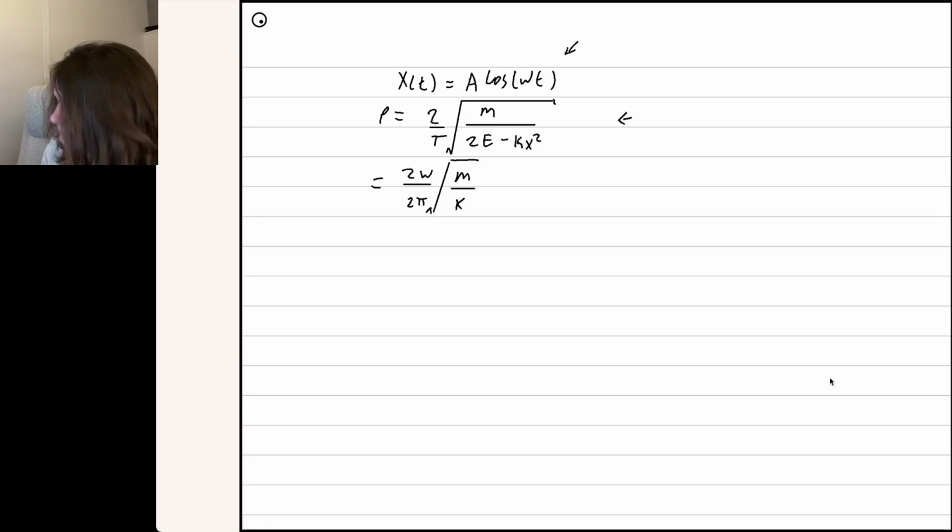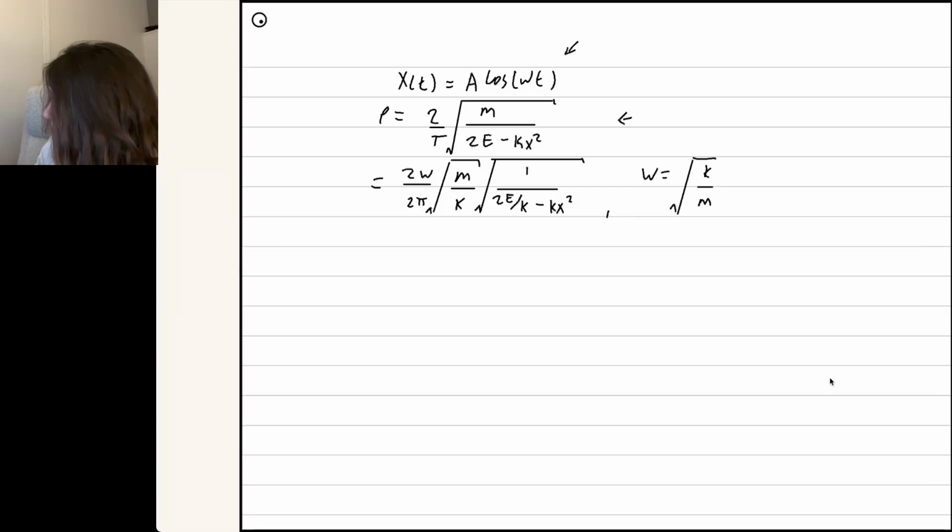Then in here we have 1 over 2E over k minus kx squared. And of course, the frequency of the simple harmonic oscillator is just the square root of k over m. So this term actually cancels out this term. The 2's cancel out, so you have 1 over pi.